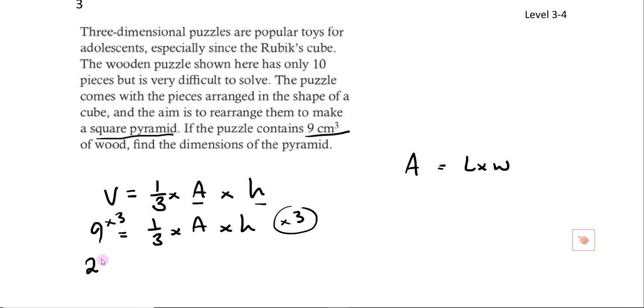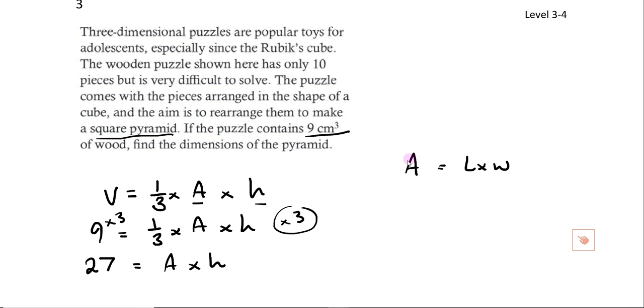And I saw some people doing this. So area times height has to be 27. And then I'm looking for a square base times something gives me 27. All right?